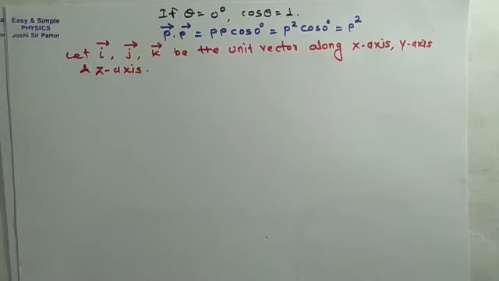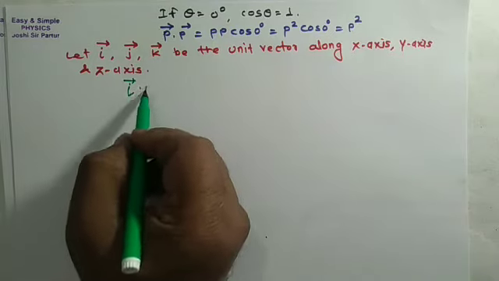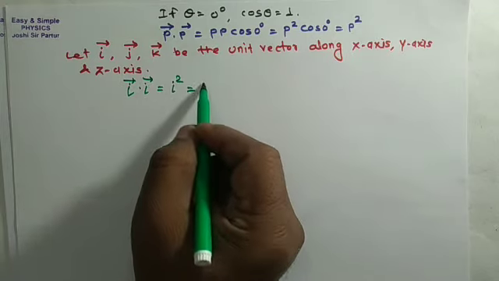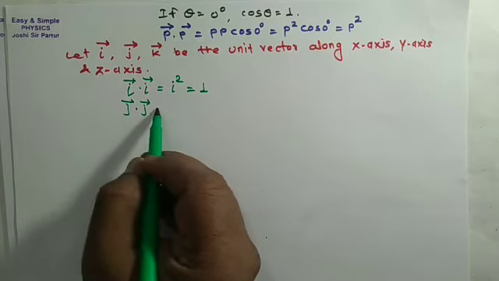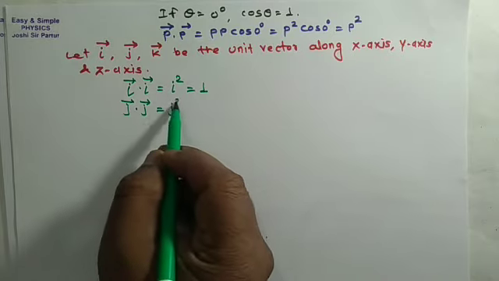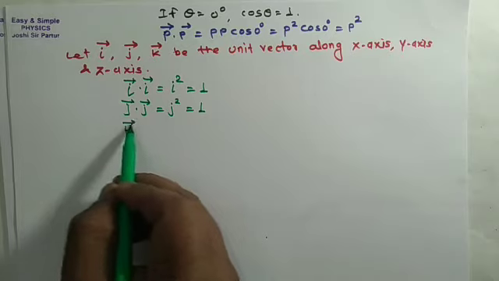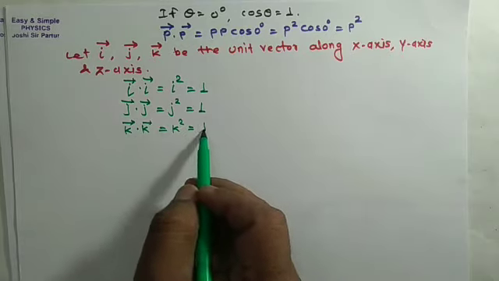Then vector i dot vector i, that is i squared, will be 1. Vector j dot vector j, that is j squared, is equal to 1 because they are unit vectors. Vector k dot vector k will be 1.